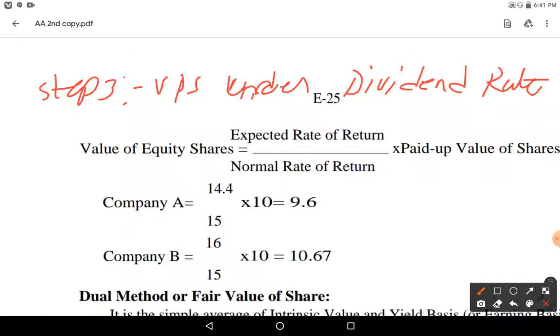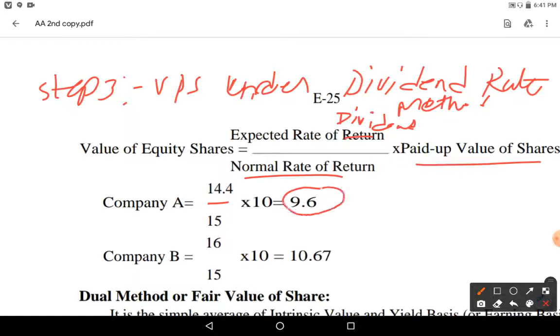Under the dividend rate method, the formula is expected rate of dividend, instead of rate of return, that is better because we are doing the dividend method, divided by normal rate of return into paid up value of each share. So company A: 14.4 divided by 15 into 10, 9.6. Company B: 16 divided by 15 into 10.